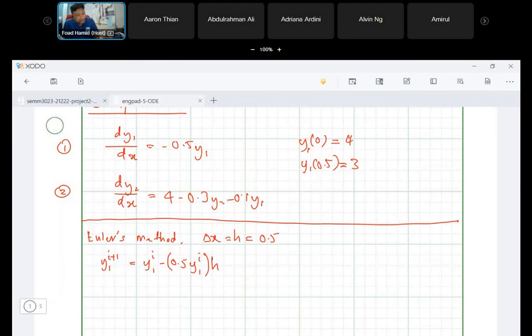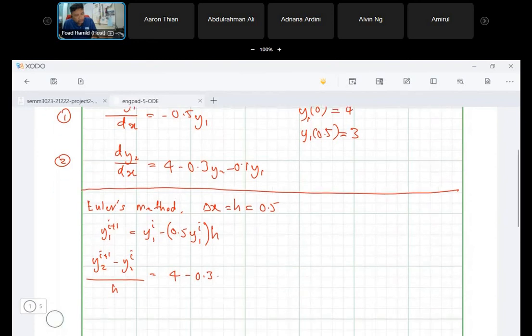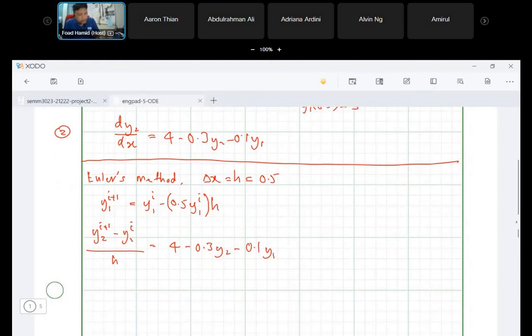From the second one, y2 i plus 1 minus y2 i equals 4 minus 0.3 y2 minus 0.1 y1, times h.